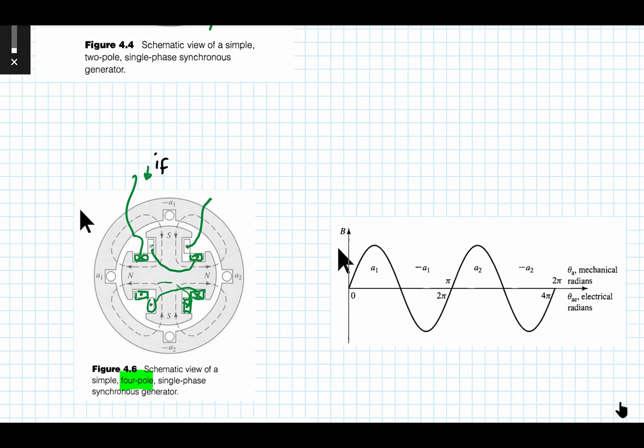So this is a 4-pole machine. The result is that you've got a north and a south, a north and a south. So the flux density distribution, there's one of your norths right there.